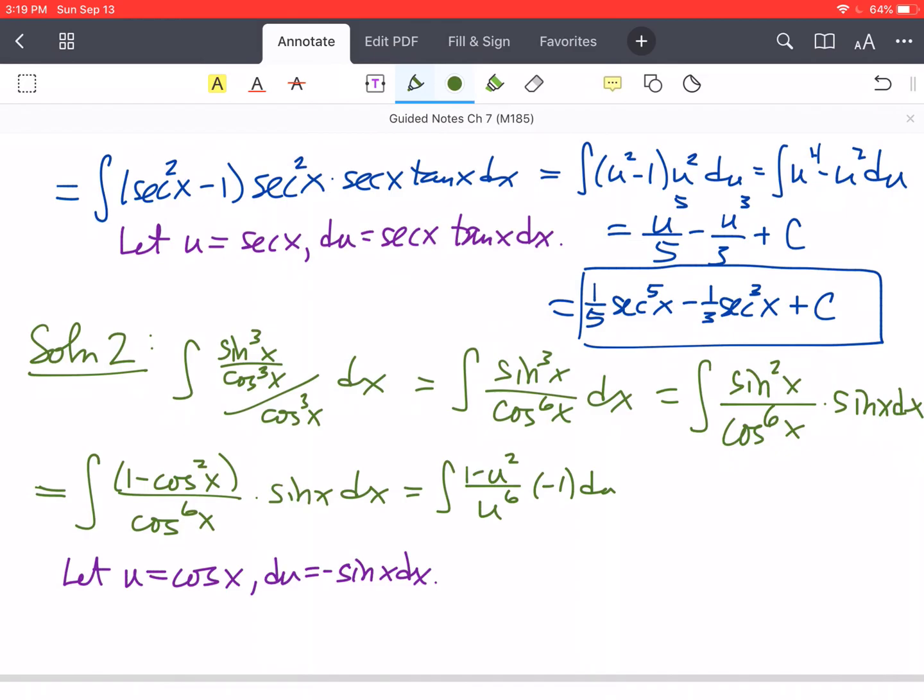Okay, so split that up over the common denominator. I'm going to pull the negative out. This becomes 1 over u to the 6th minus u squared over u to the 6th, but cancel the 2 factors, so we're left with 1 over u to the 4th du.